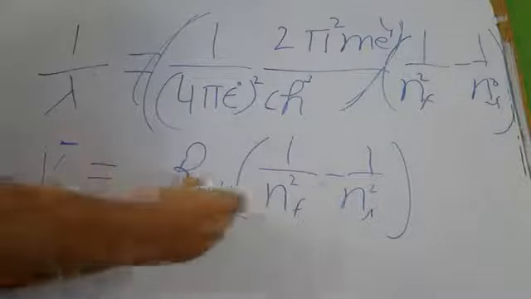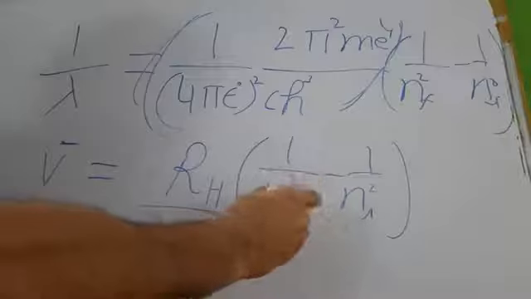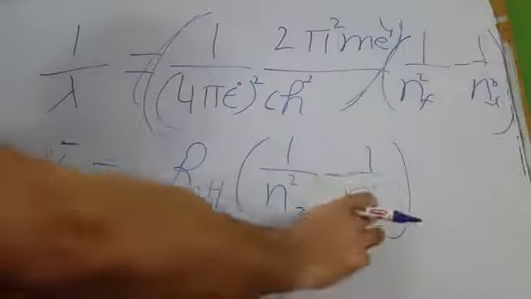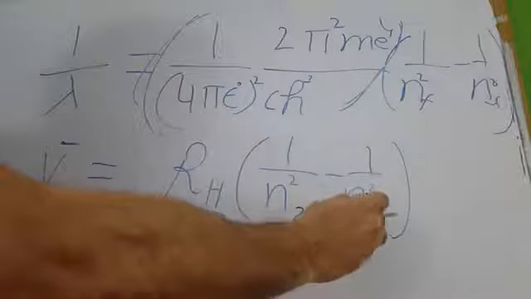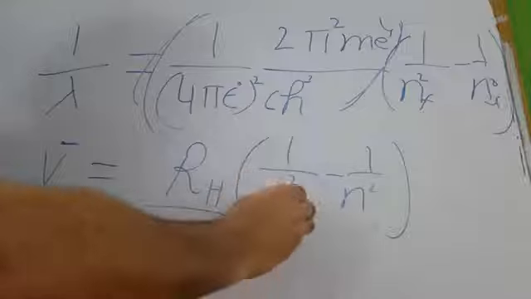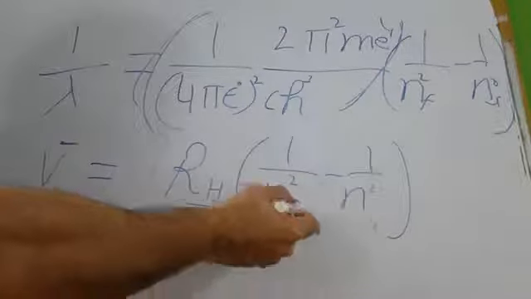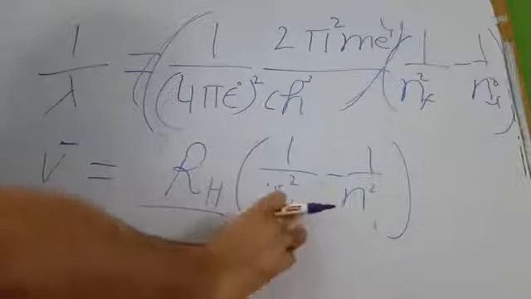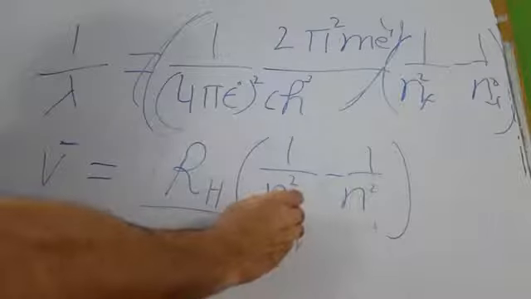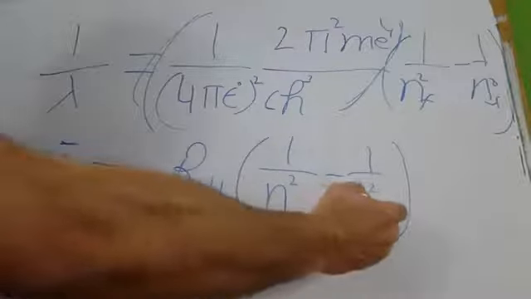For Balmer series, n final is what? 2. And n initial can be any number greater than this, maybe 3 or 4 or 5 or whatever it may be. And for other series also, this number is either 1 or 3 or 4 or 5 or like that, and that can be higher than this.